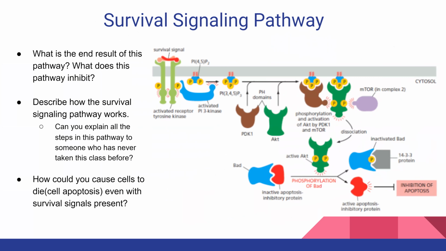And then are you able to describe how the survival signaling pathway works? Are you able to explain it to someone who's never taken the class before? Because that would show that you have full understanding of it. And then the last thing we're going to look at is how you could cause cells to die, or cell apoptosis, even with survival signals present. So this is sort of like what would happen if you mutated something. Okay.